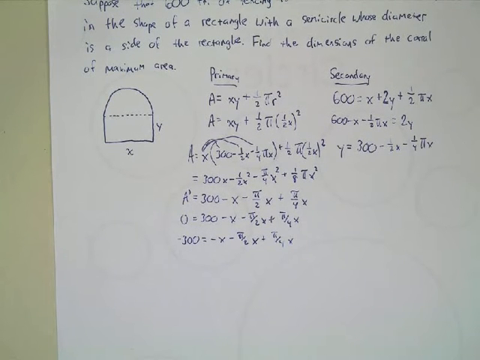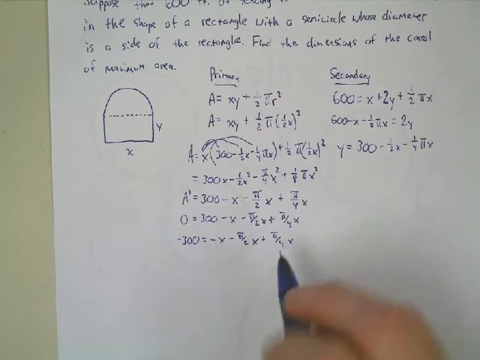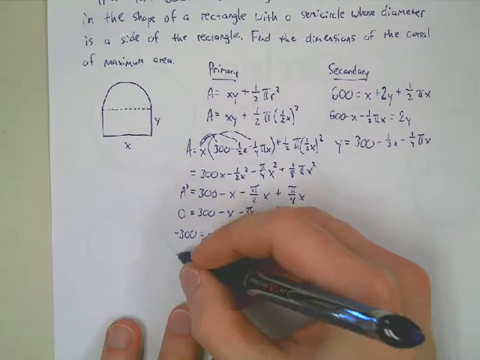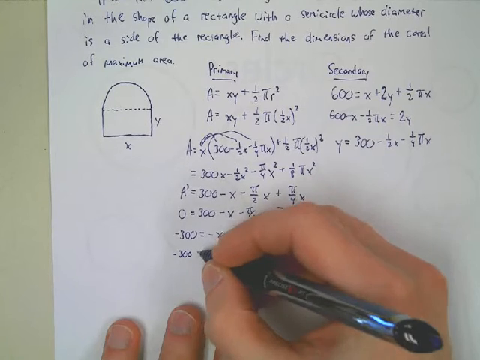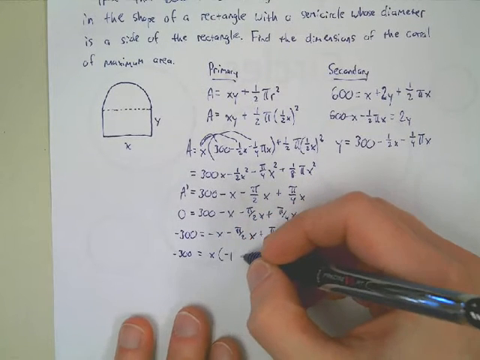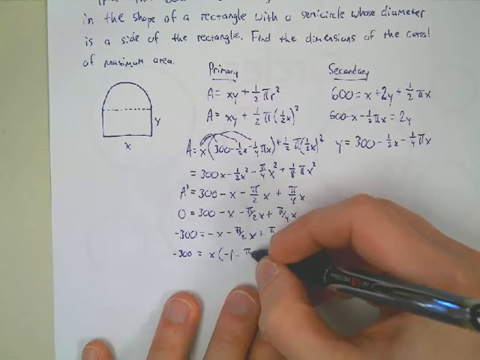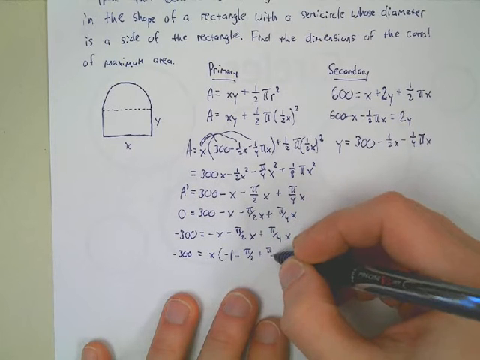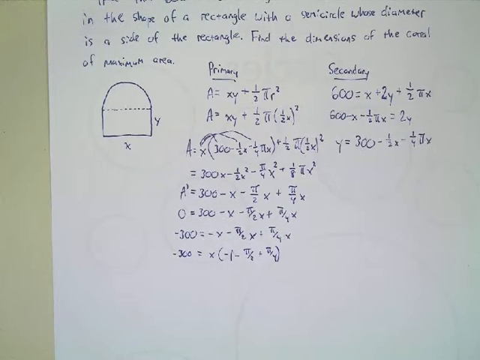Yeah, I can factor out an x. These all have an x in common here. So I have x, and then I'm left with negative 1 minus pi over 2 plus pi over 4. And that's simplified as negative 1 minus pi over 4.